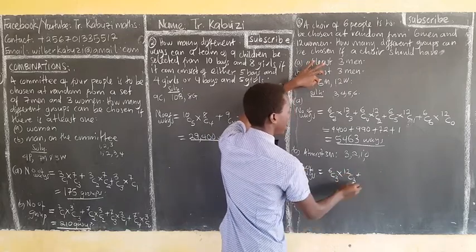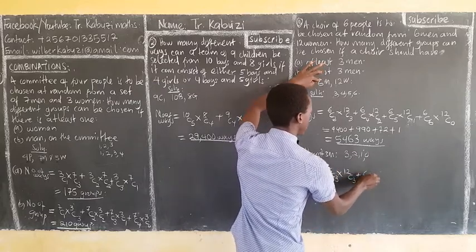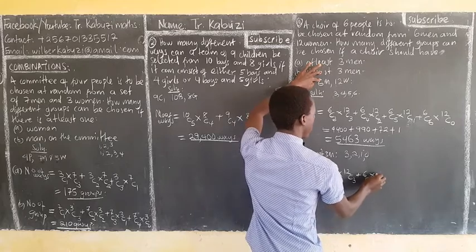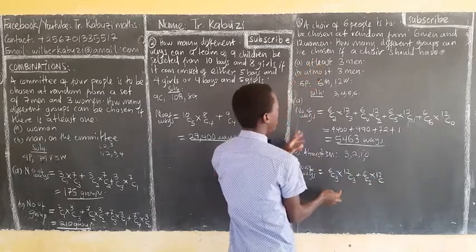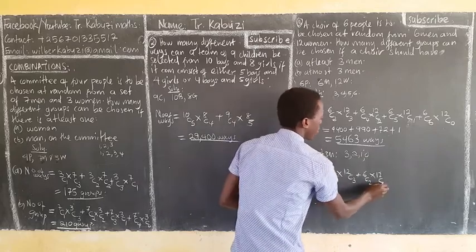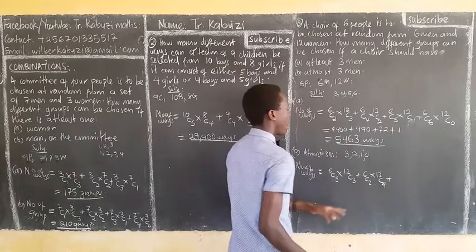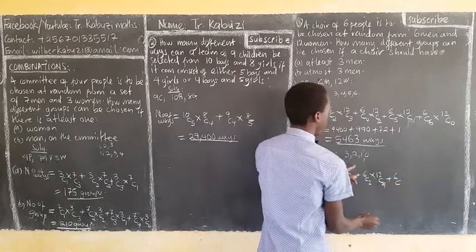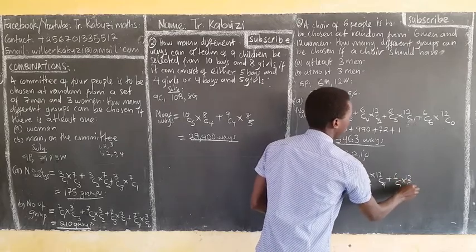Then plus, out of the 6 now I take 2, then times the balance is going to be from the women, which are 12. Because here I need a choir of 6, here I'll take 4 from the women. Then plus, out of the 6, I take now 1 man. Then the balance I'll take from the women.